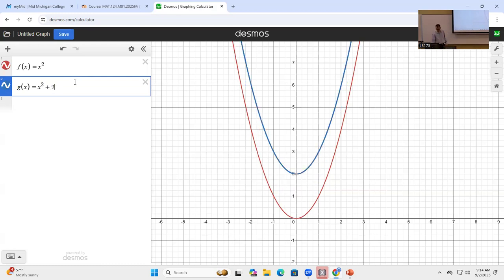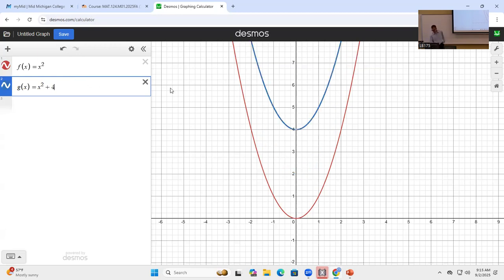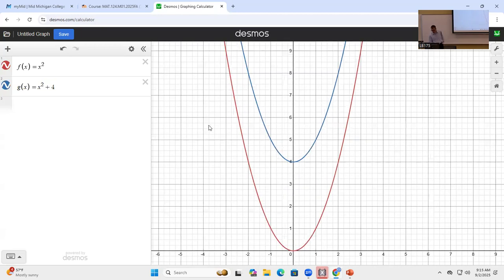If I added 2, meaning I created x squared plus 2, then every point gets shifted up 2 units. And the same thing would go if we did 4. Every point here on the parabola, like this point, gets shifted up by 4 units.